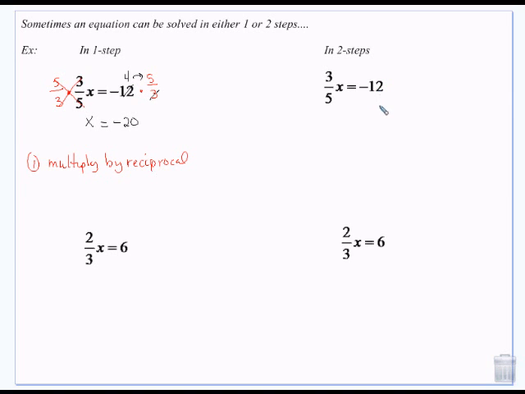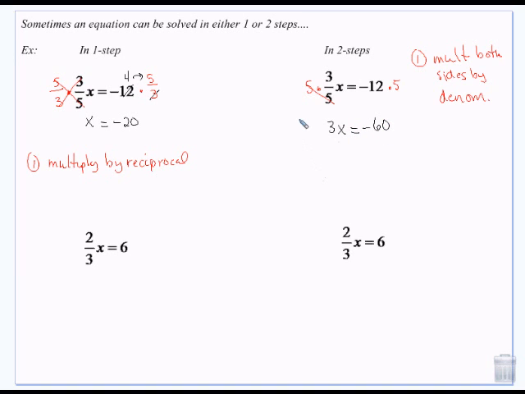If you don't like fractions and you don't want to multiply fractions because you think fractions are icky, you can do this in 2 steps. Step 1 is to multiply both sides by the denominator. Okay, so I'm going to multiply this by 5, and I'm going to multiply this by 5, and those 5s are going to cancel out, and I'm left with 3x.